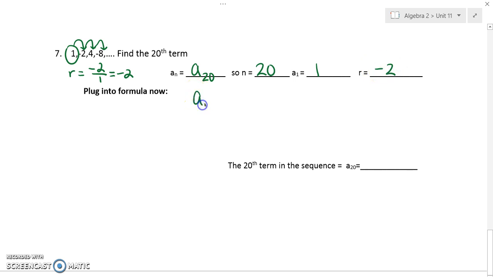And then we're going to go ahead and sub it into our formula. We have a sub 20 equals a1, which is 1, r, which is negative 2, and it's 20 minus 1 power. So we're going to substitute that in to see what a sub 20 is.